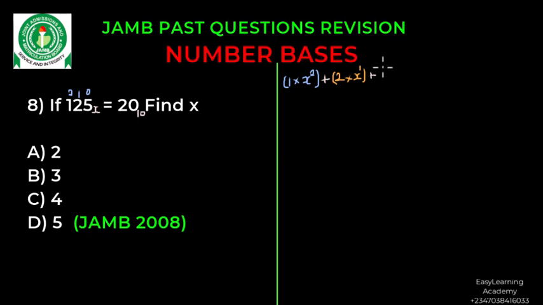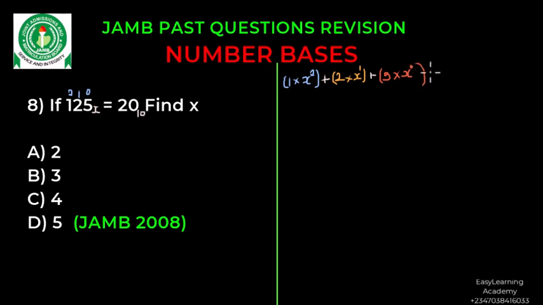Expand that 5. Bracket will open, and we have 5 times x raised to power 0.